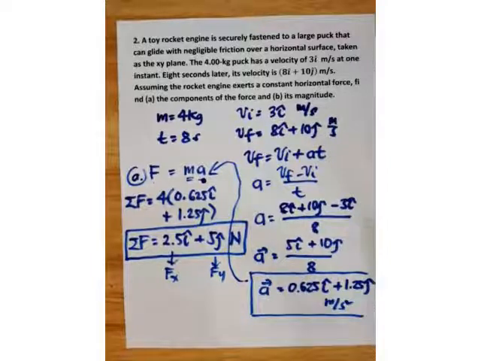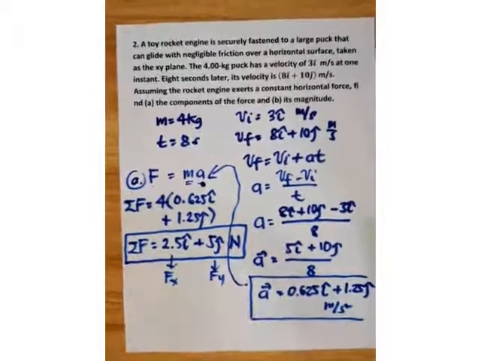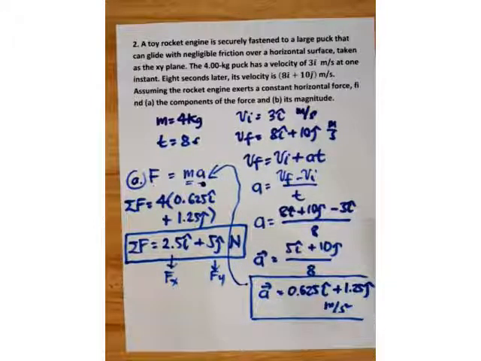Any questions? So in this problem, we're given the initial and the final velocities, and we're given the time in which the velocity reached 8i plus 10j. But we're talking of the force applied, so we need the acceleration to apply the second law.